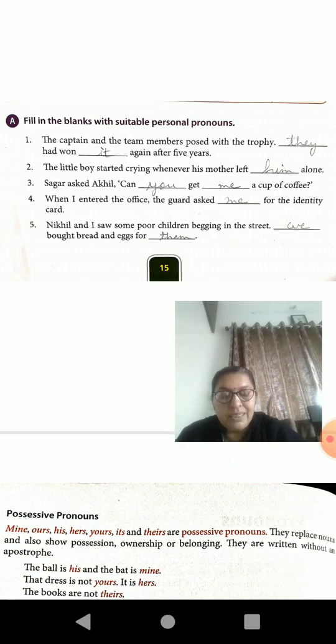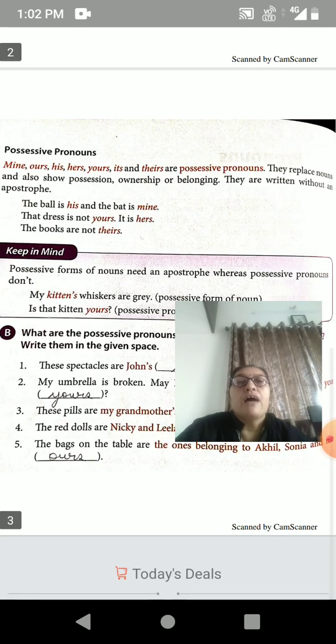Second, the little boy started crying whenever his mother left him alone. So children, you have to complete this exercise A as per PDF.